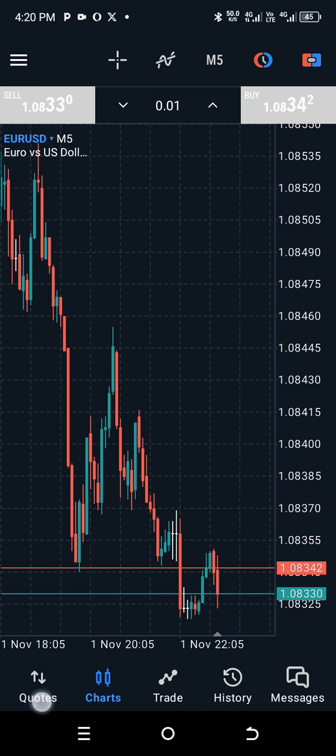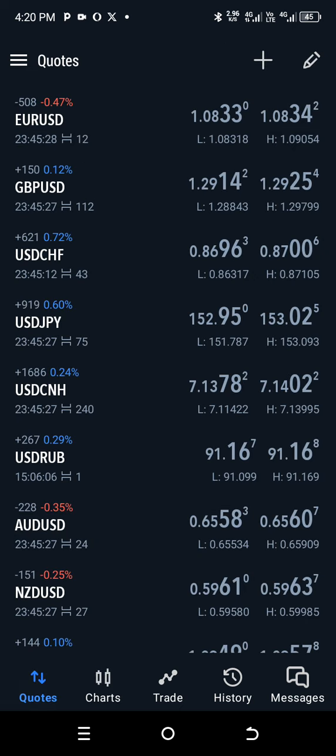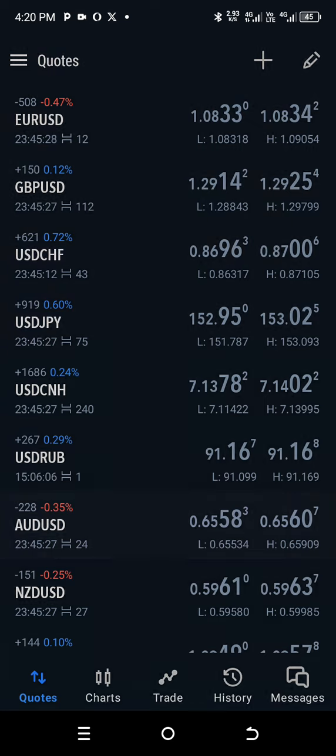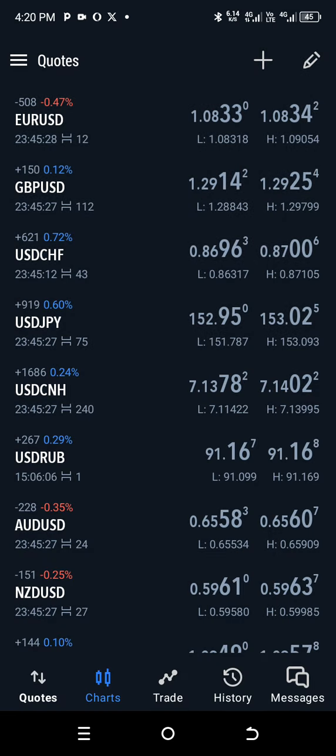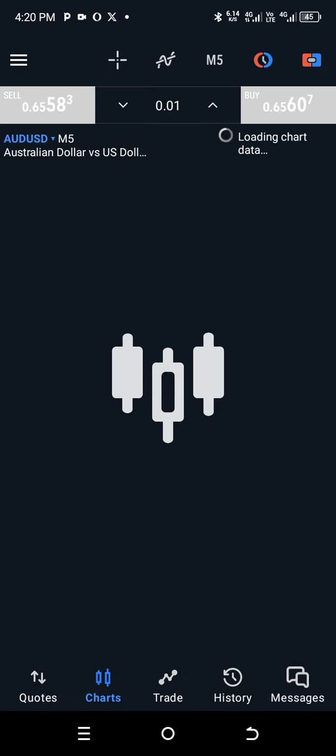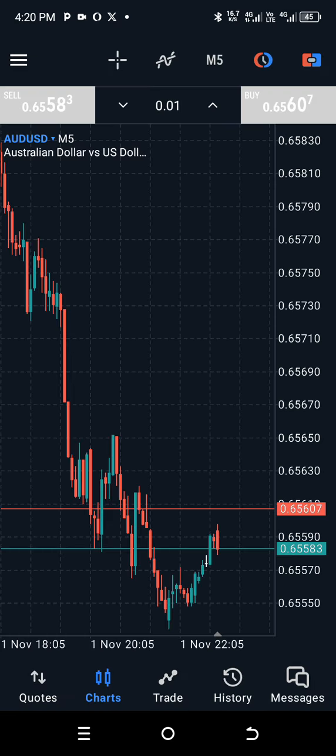Now let me go to a better currency pair. Okay, this very point here is my lot size.